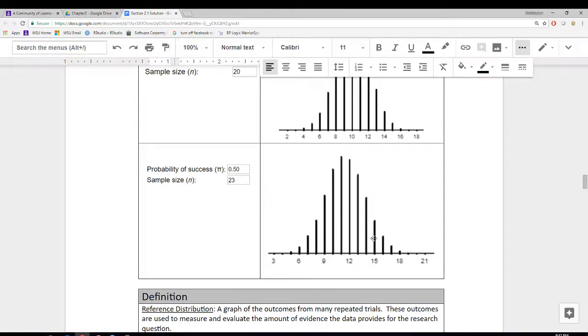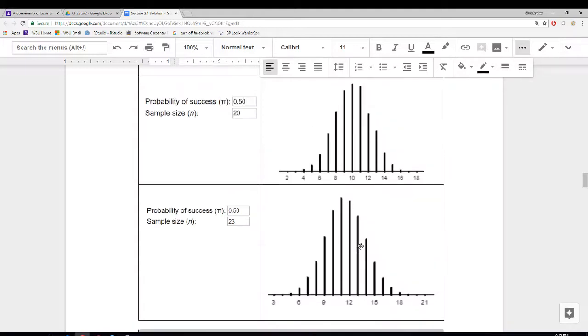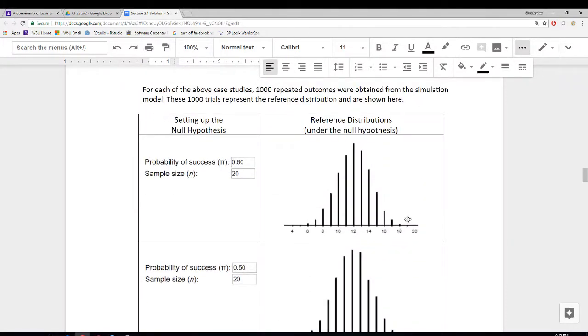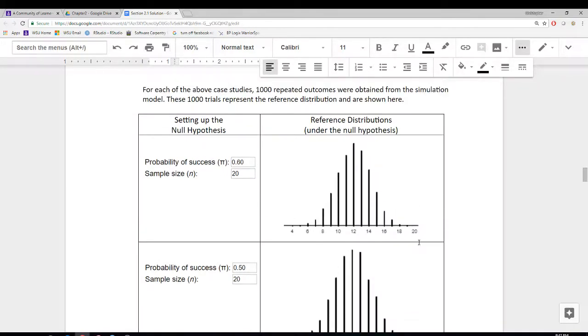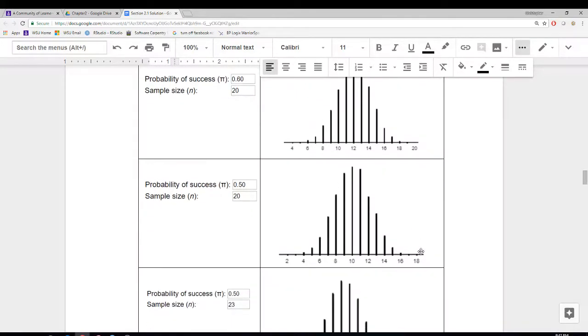And this is the reference distribution that is obtained from that simulation model. The determination of appropriate cutoffs, and also our ability to measure the amount of evidence, is going to be obtained through these reference distributions that we've been using up to this point.